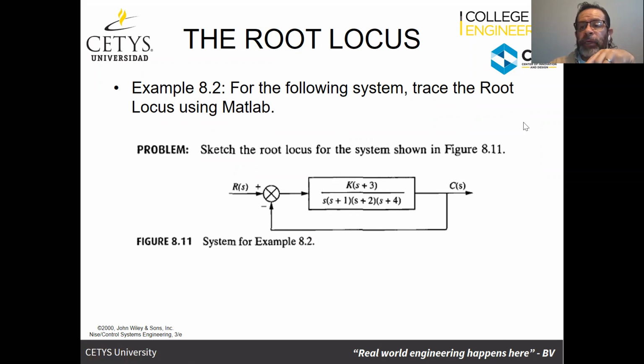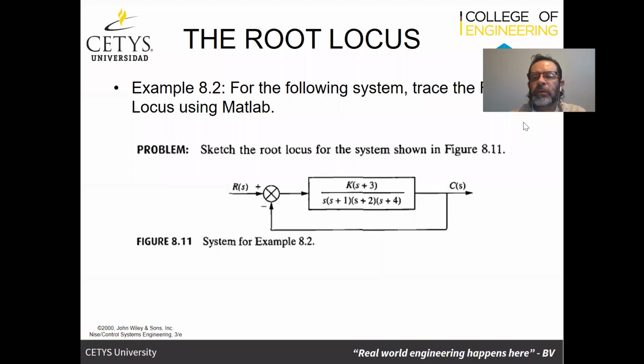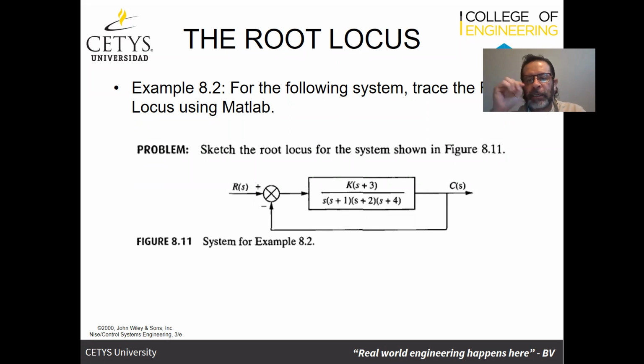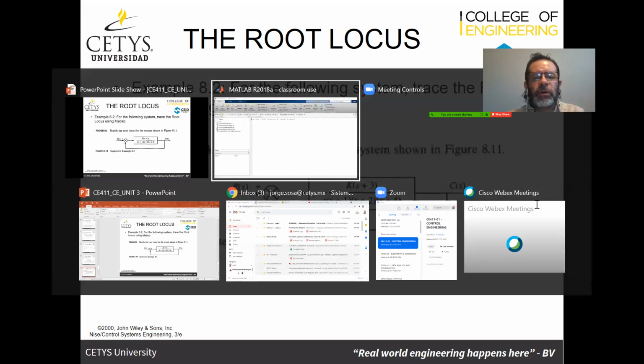So let's see how we can do that in MATLAB. We are going to use MATLAB to trace the root locus, so we don't have to do it manually, and we use the root locus for analysis and design, which is really the strength of the root locus.